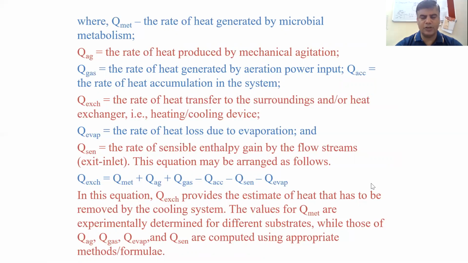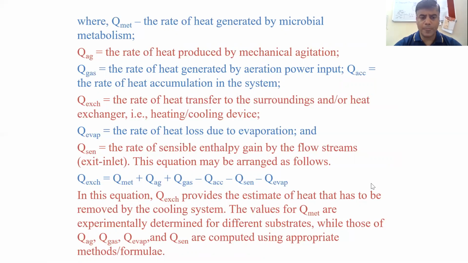Q gas is the rate of heat generated by aeration power input. Q x is accumulation in the system. Q exchanger is the rate of heat transferred to the surroundings and/or a heat exchanger, a heating or cooling device. Q evap is the rate of heat lost due to evaporation. Q sen is the rate of sensible enthalpy gained by the flow stream.